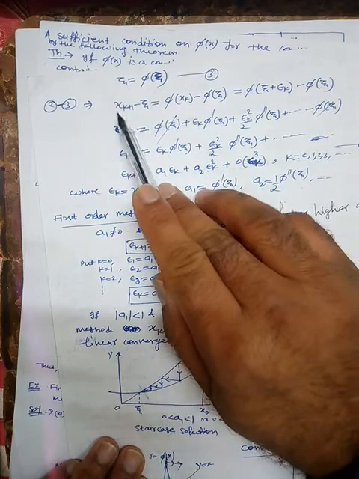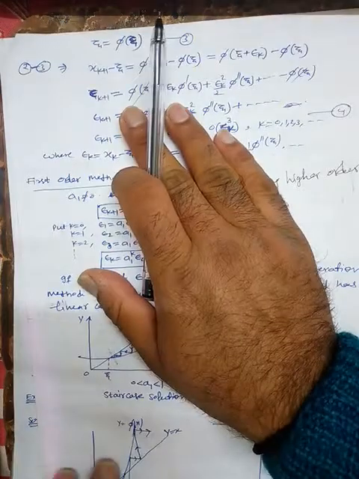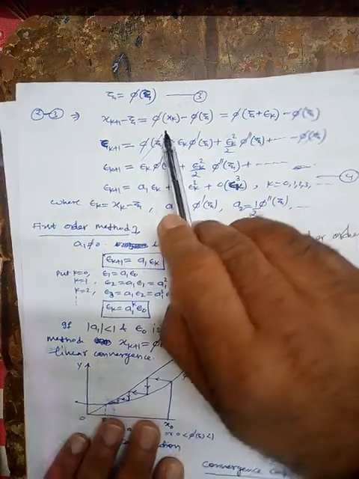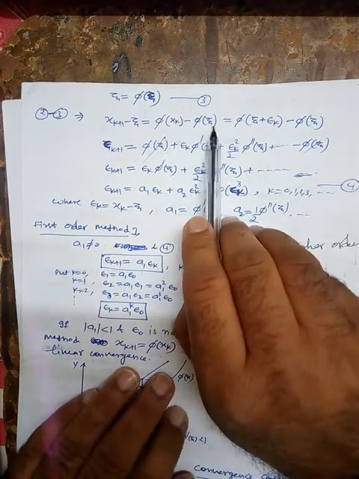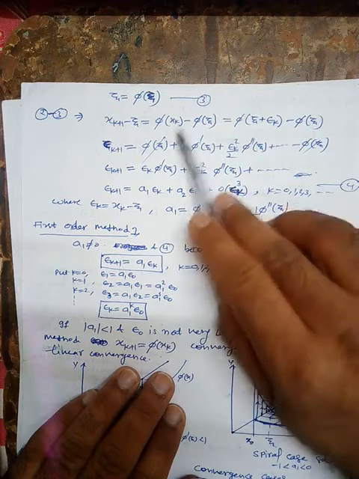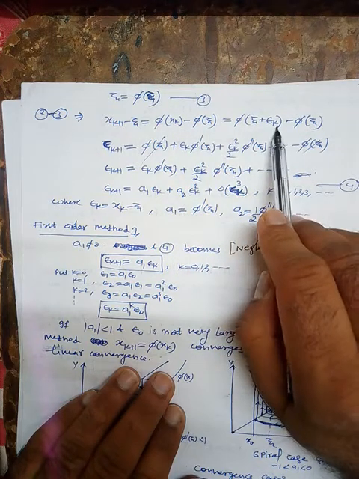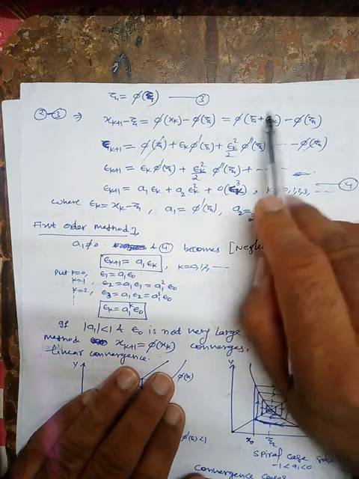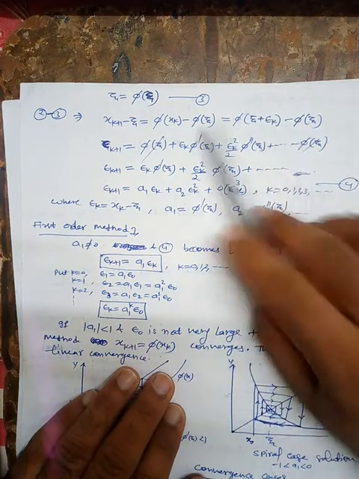So what we will get? 2 minus 3 will give you xk plus 1 minus xi is equal to phi of xk minus phi of xi, which is equal to phi of, what is xk? xk is xi plus epsilon k. xi is the exact root and epsilon k is the error in the kth iterate, minus phi of xi.